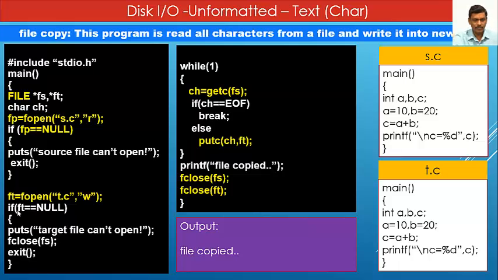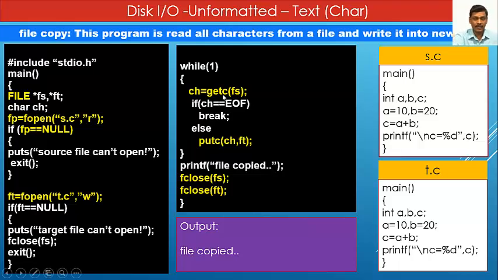Fclose, exit. If the condition fails, that is, it is a success, then only it comes to this statement. This file is also a success, the condition is false, and it comes to the while loop. That is an infinite loop, it is always true. Then ch equal to getc of fs, we get a character with getc. Here we can put getc or fgetc, both are the same.